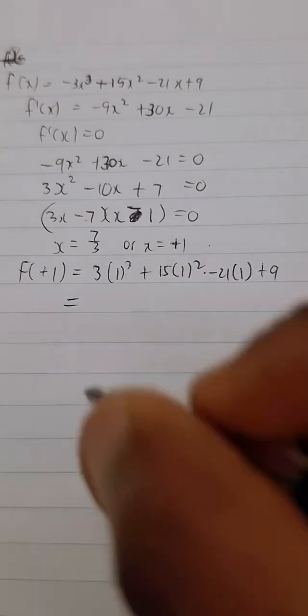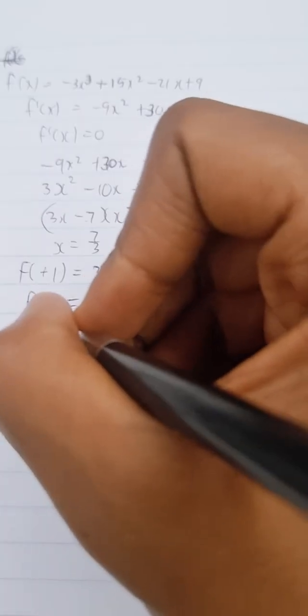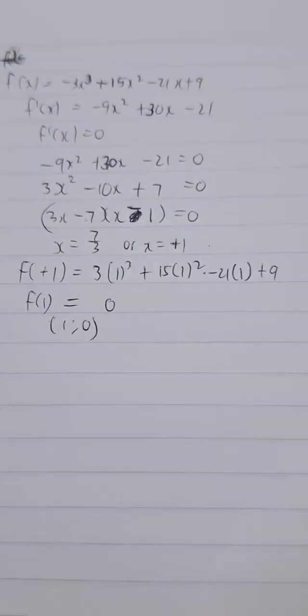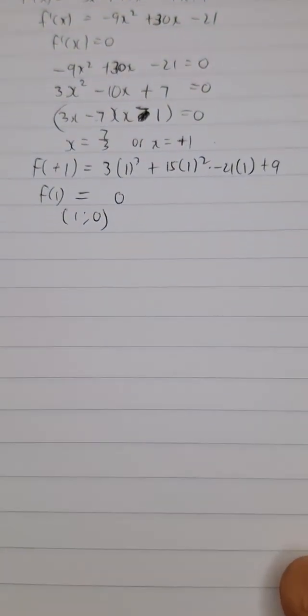It should lead you to f of 1, which is 0. So that means we do have a turning point, a stationary point, which coincides with the x-intercept. Okay, that's very common.